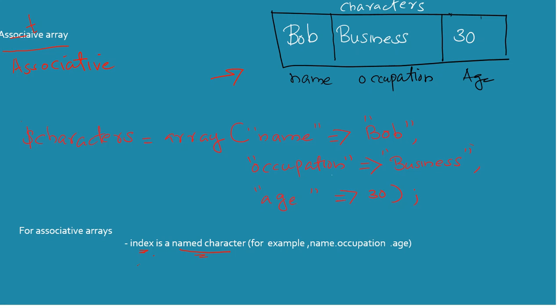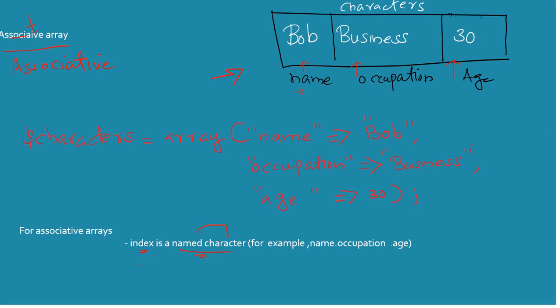I have used a string name as the index of this first memory location. Occupation is the index of the second memory location. Age is the index of the third memory location. So associative arrays are special kinds of arrays in PHP where the index values are certain named characters. They are certain strings.